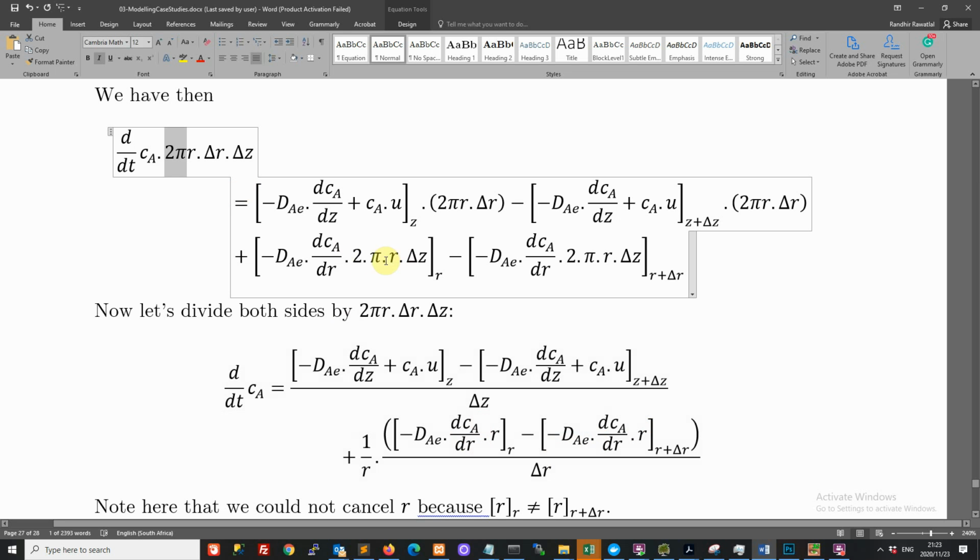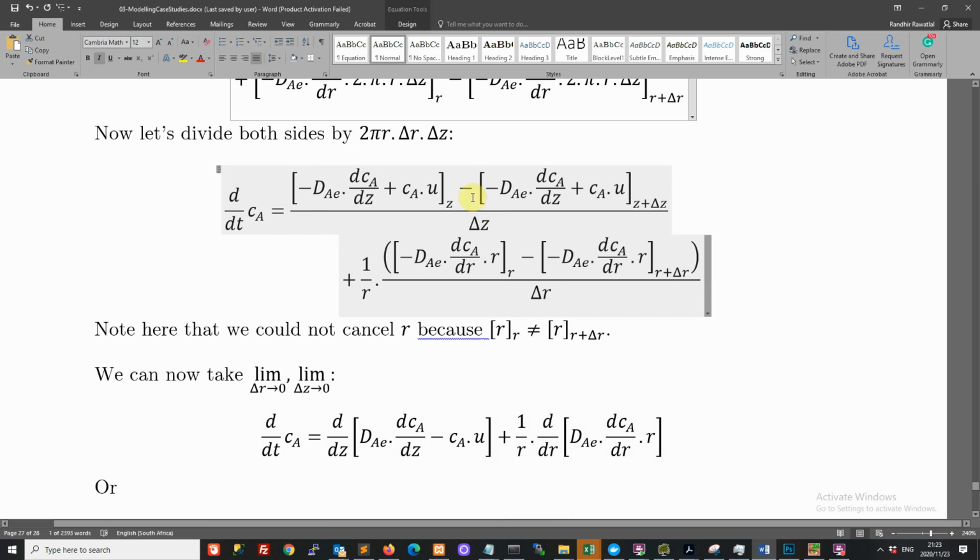And then here we have 2 pi r delta z. We don't have a delta r, so the delta r goes here. So we've talked about this one up here. Down here we can see, as we let delta r go to 0, if we take the limit delta r going to 0, then you've got a function evaluated at r and the same function evaluated at r plus delta r.